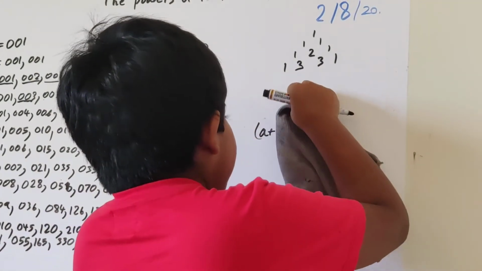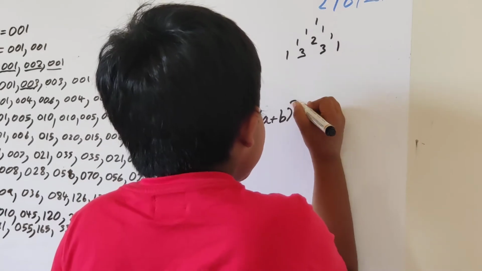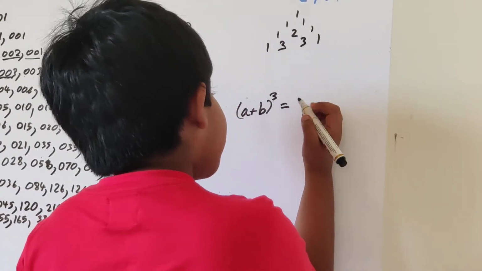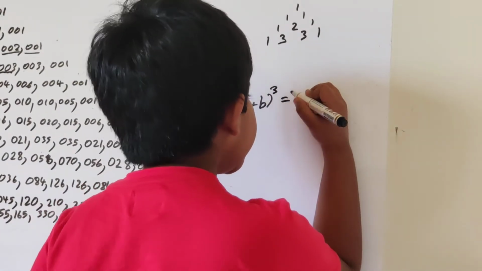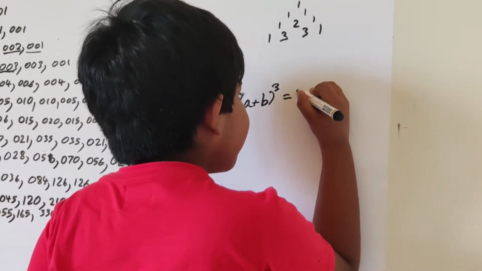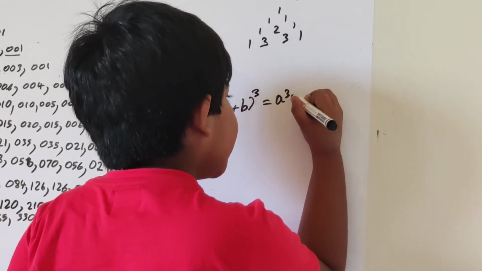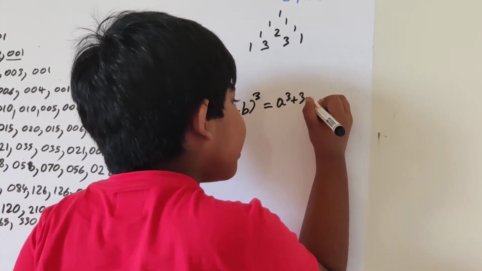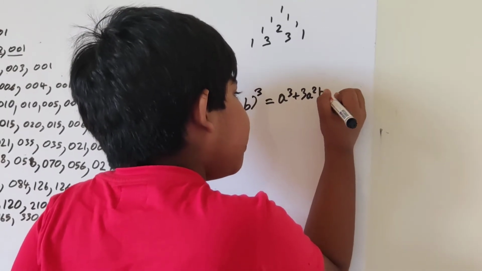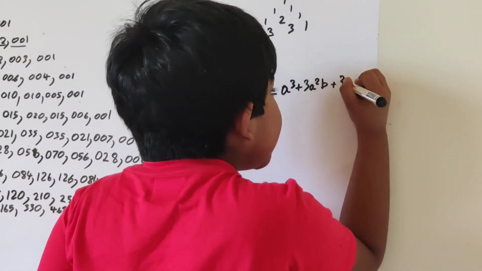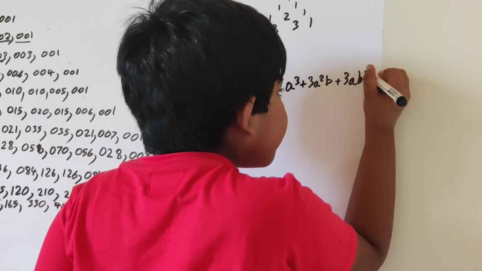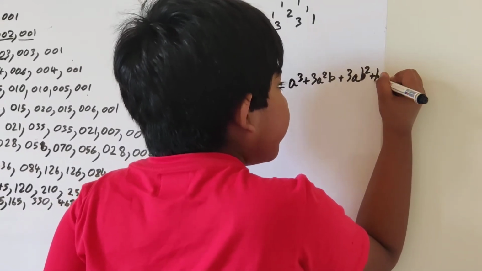And the next one in this is actually, because Pascal's triangle is the coefficients of this, a cubed plus 3a squared b plus 3ab squared plus b cubed.